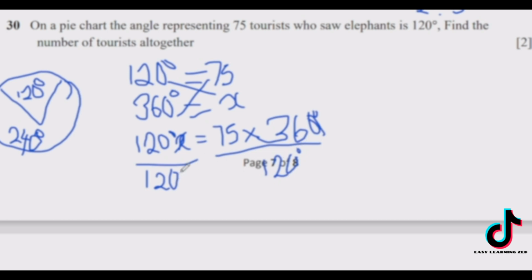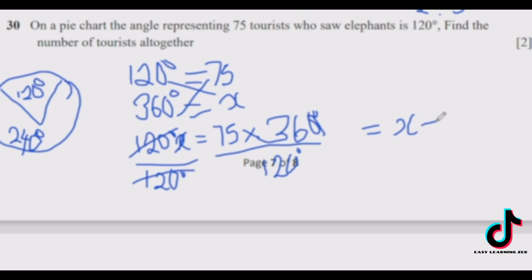You shouldn't forget degrees. Why are we doing this? We want to remain with x on one side of the equal sign. So 120 degrees cancels with the one which is down, leaving us with the x.